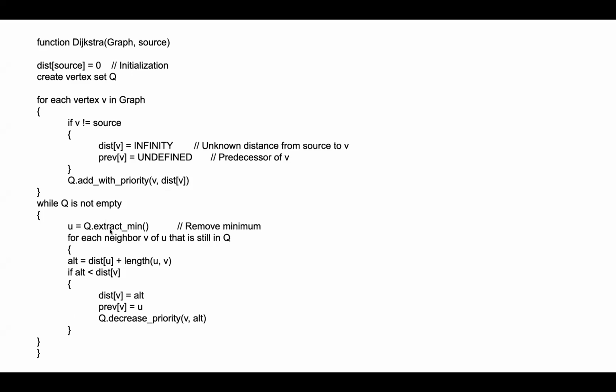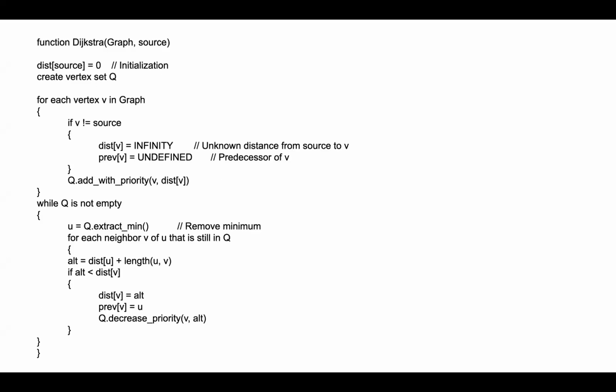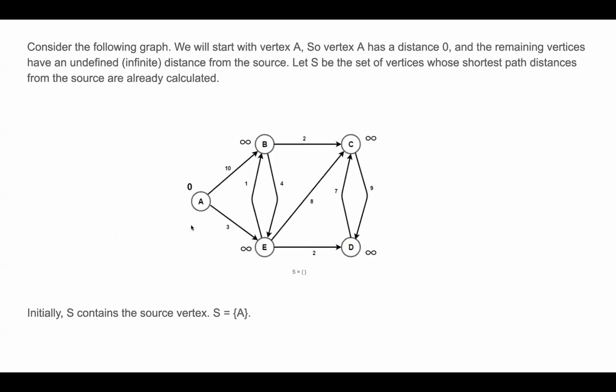While Q is non-empty, which means something is there in the queue, U is equal to Q dot extract min. U is the removed minimum. You can see here 0 is our source vertex, and all other distances, as given in the algorithm, are defined as infinity.